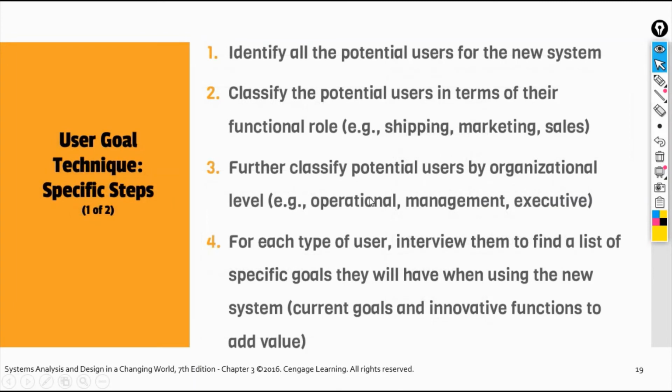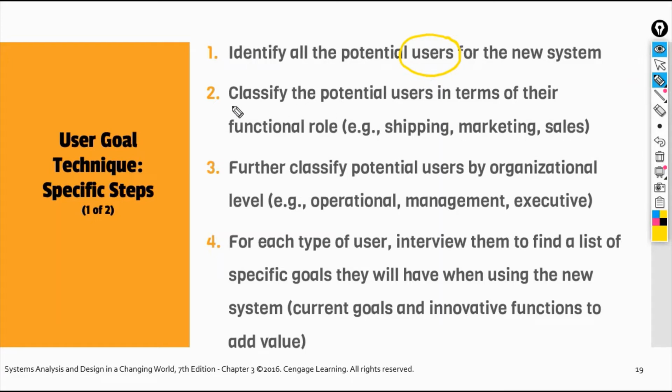So the user goal technique for identifying use cases includes the following steps. First, you identify all the potential users for the new system. So if you're creating a new system, who are the potential users?